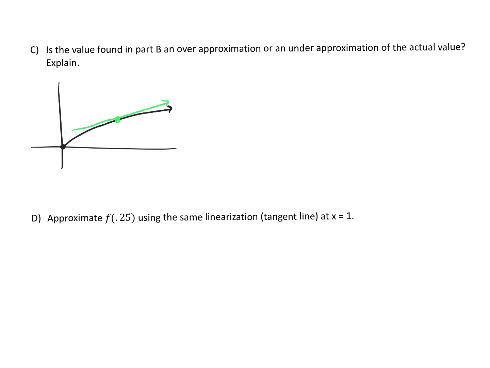So since the tangent line is above the function, any value that I use is going to be an over approximation. So we would say over approximation, and you can say because the tangent line is above the function.